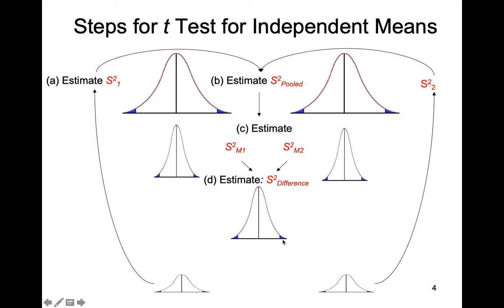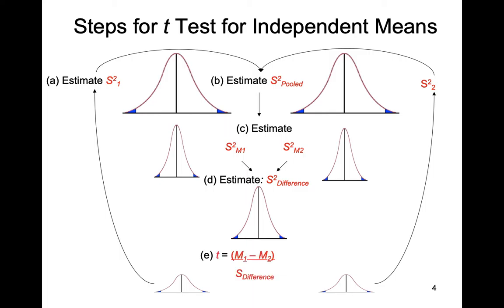So, but in this distribution, most of those differences should be zero. Some will be positive, some will be negative, but there should be very few large positive differences, very few large negative differences.